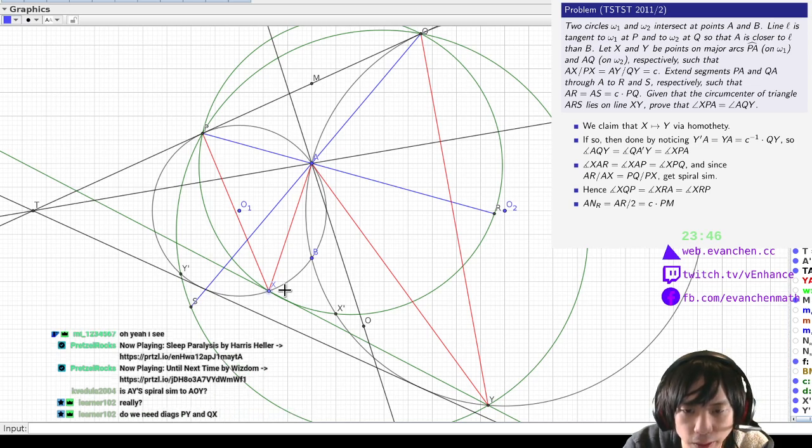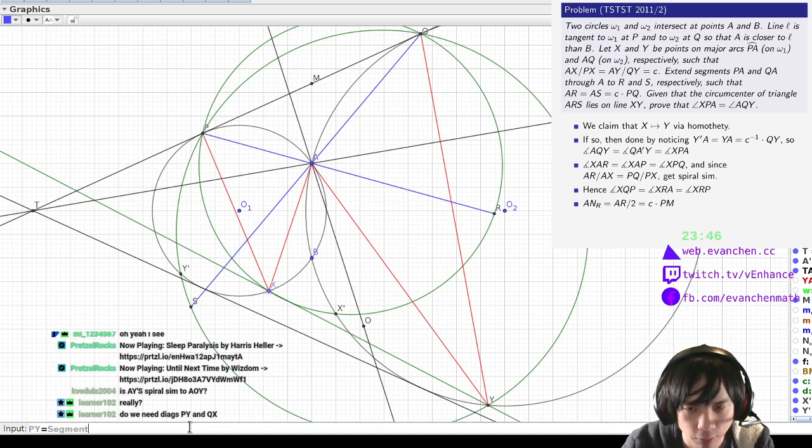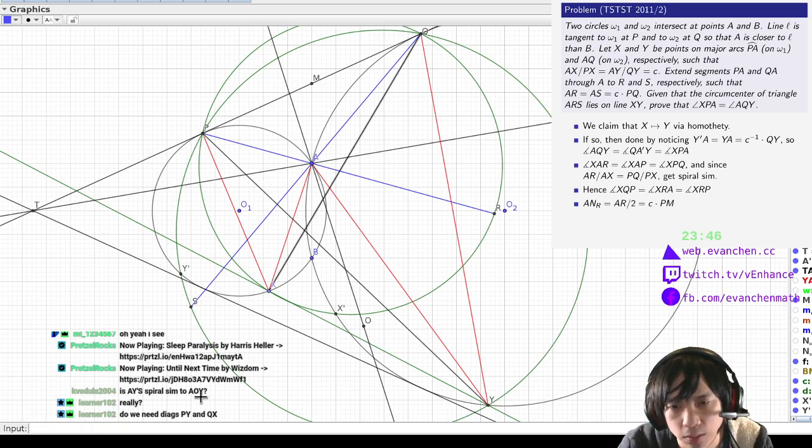Do we need diagonals PY and QX? That seems advisable. I'm gonna draw this.